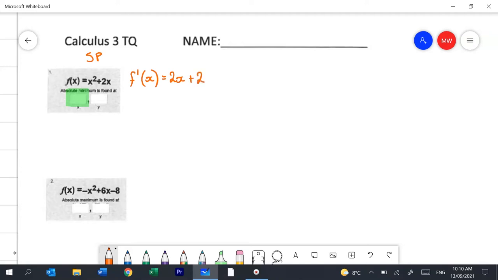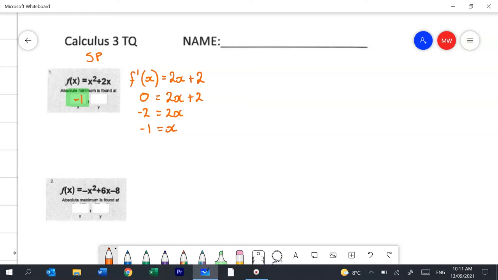And then to find out what that x is, we make the derivative function 0, or you make the gradient 0. Okay, so it's like null factor. We're going to use the balance method. So we've got minus 2 equals 2x by taking minus 2 off both sides. Then I'm going to divide by 2 on both sides. So I end up with an x value of minus 1.